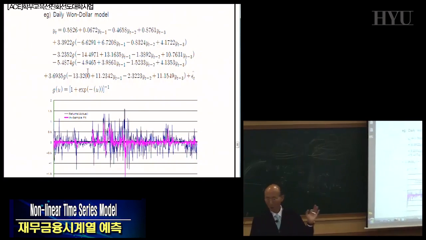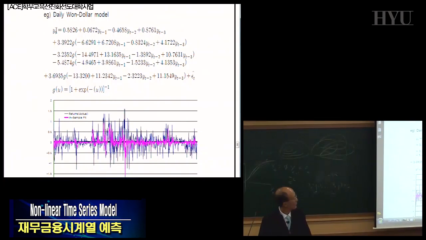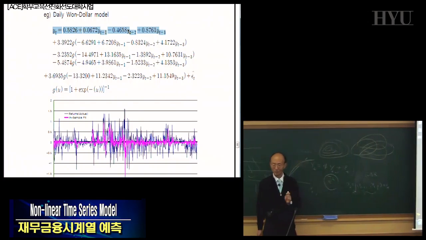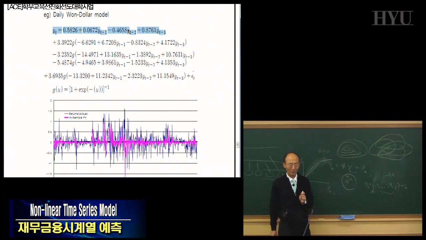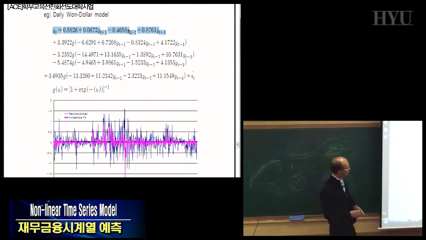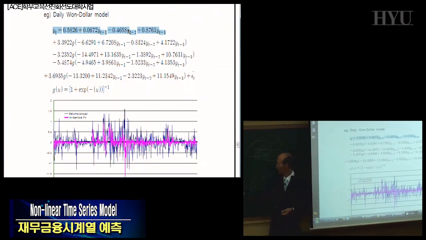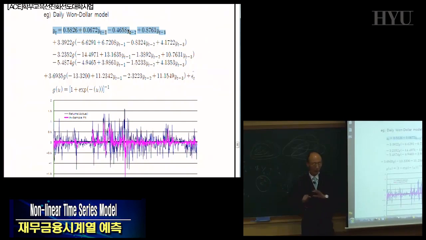Their claim, of course, is that if you just look at the linear part of stock return, this number may be very small. But they usually claim that if you recognize nonlinear components, then explanatory power or predictive power increases.